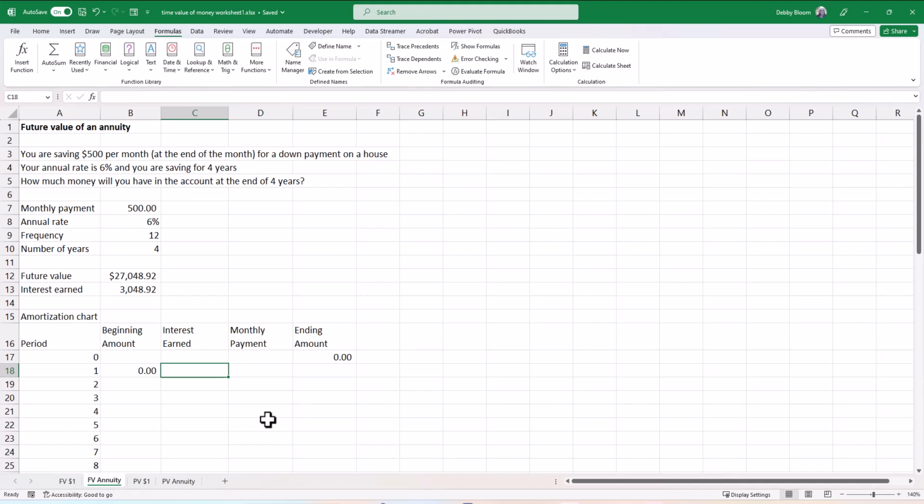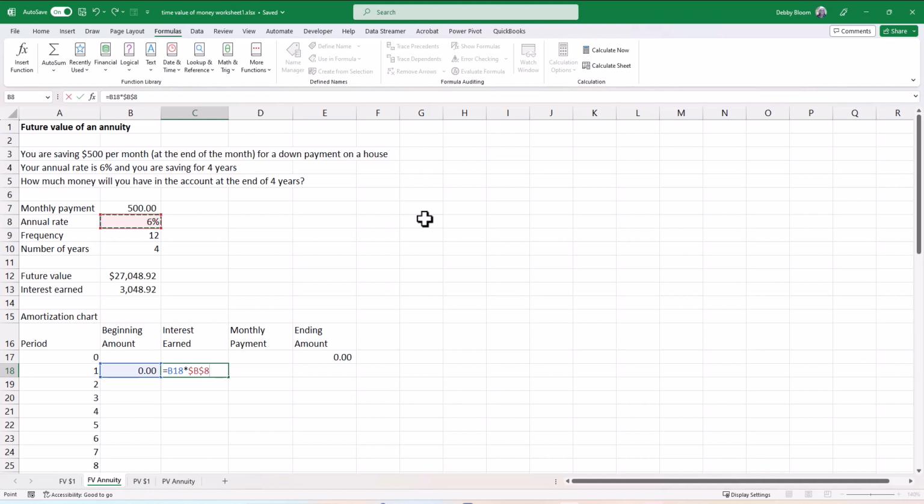So I'm going to use the principal times rate times time formula. I'm going to tell Excel to take the beginning amount, multiply it by 6%, and divide by 12. So in cell C18, equals, click on B18, the beginning amount, multiply it by the annual rate of 6%, and because there's only one 6%, it is vital to put in those dollar signs.